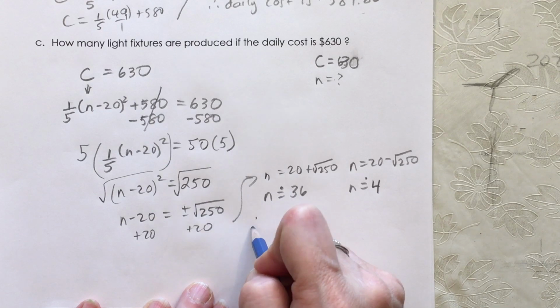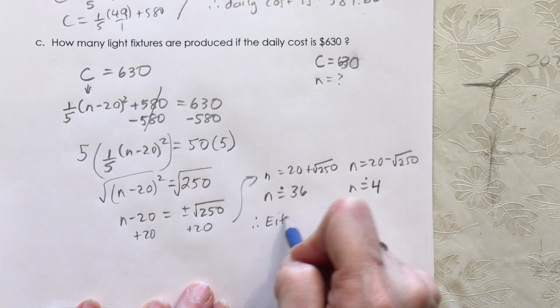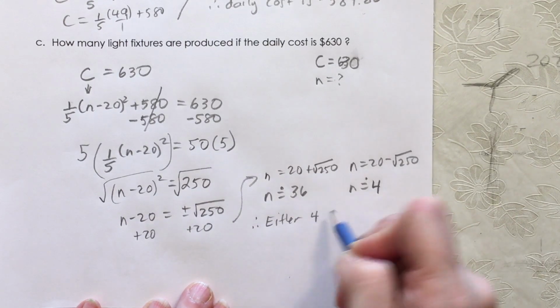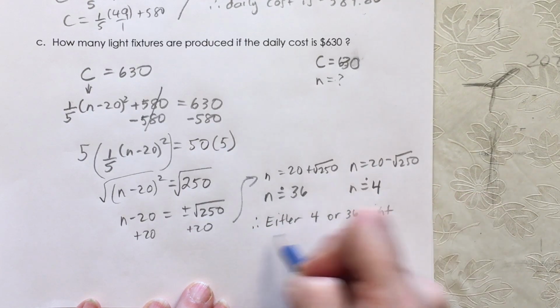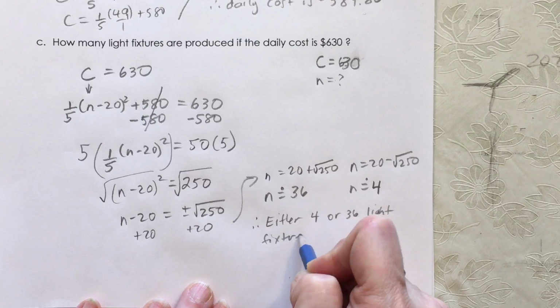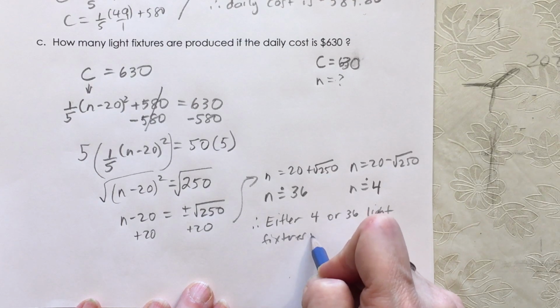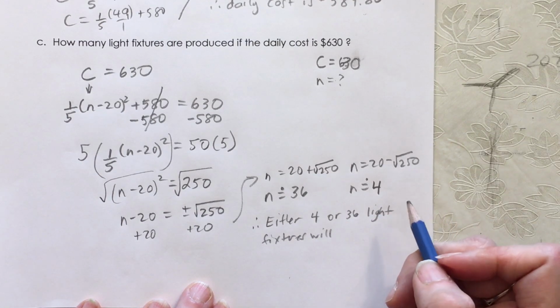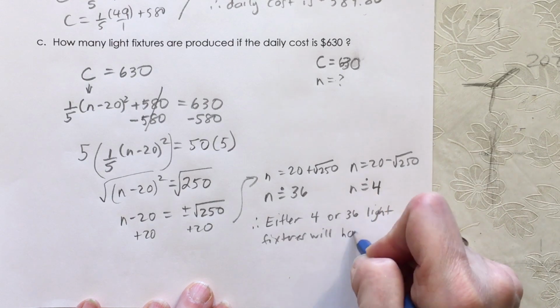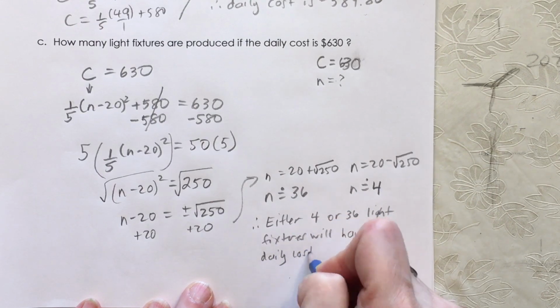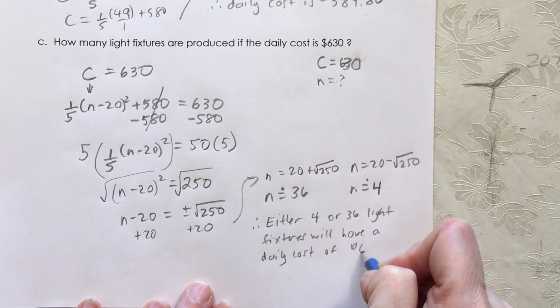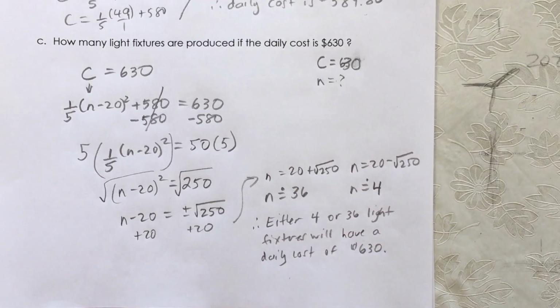So therefore, either 4 or 36 light fixtures will have a daily cost of $630.